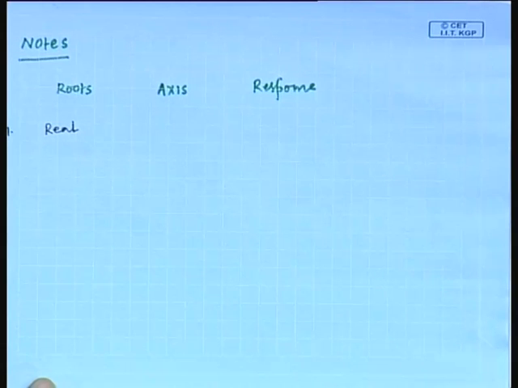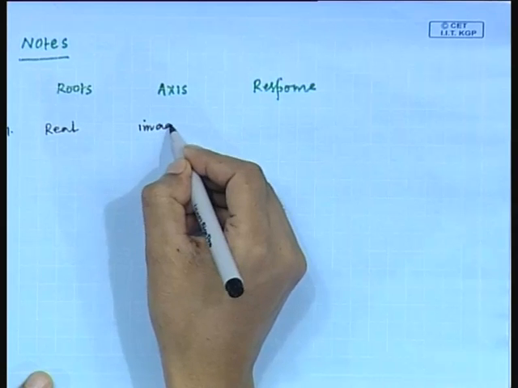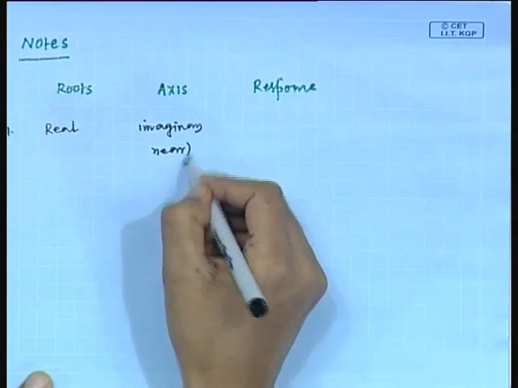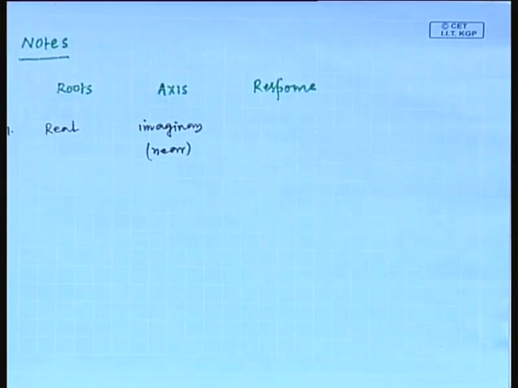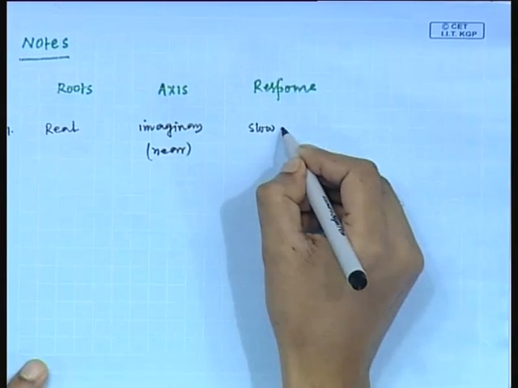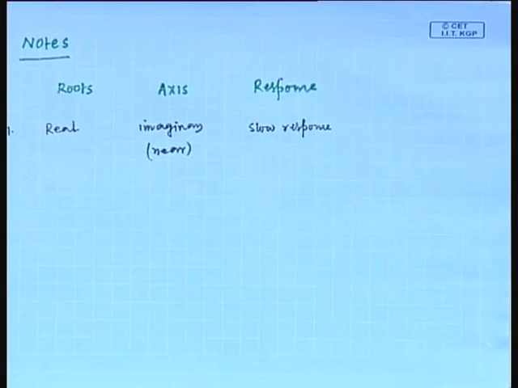Real roots near the imaginary axis result in slow response. This is the first important point. Real roots near the imaginary axis result in slow response.